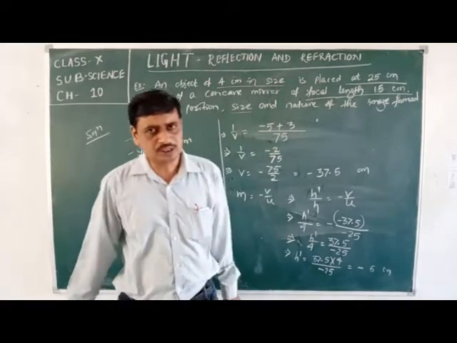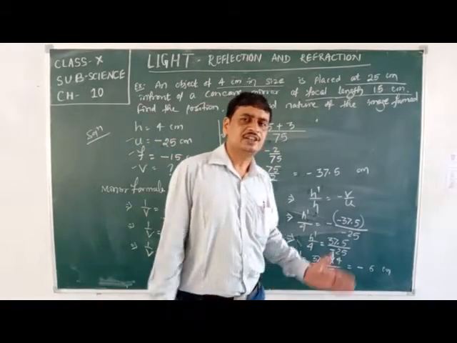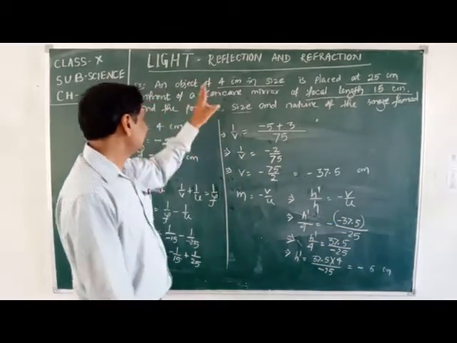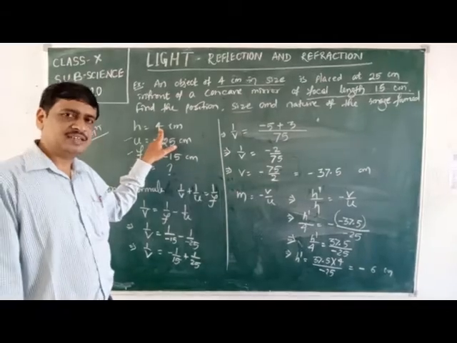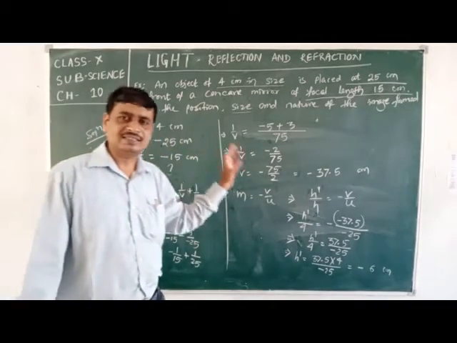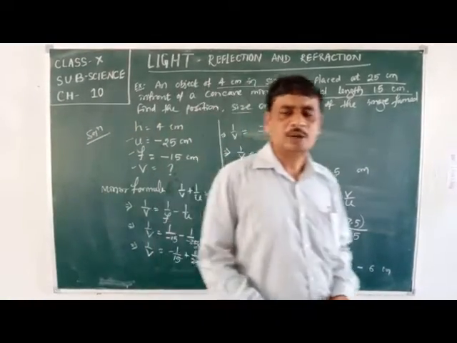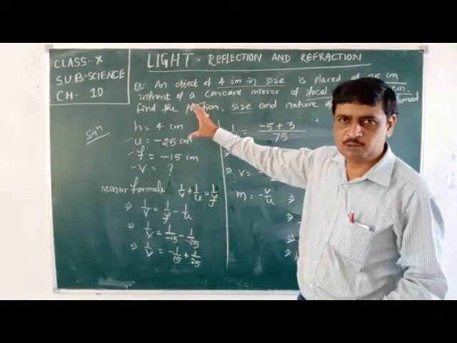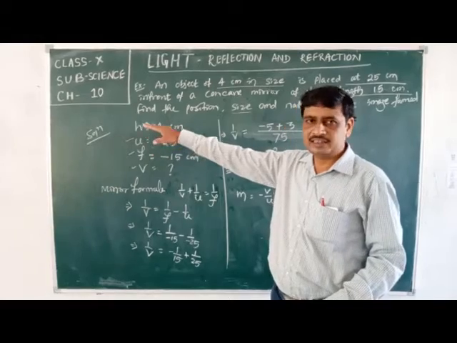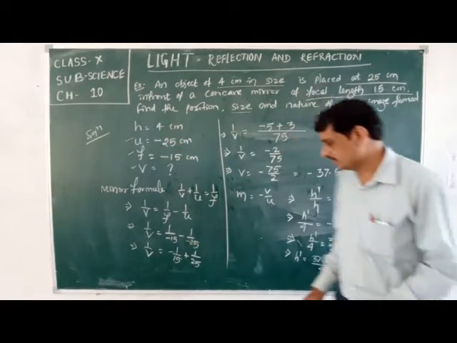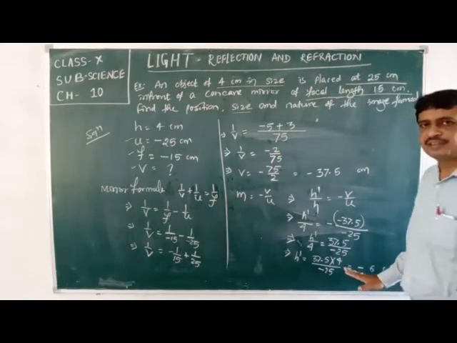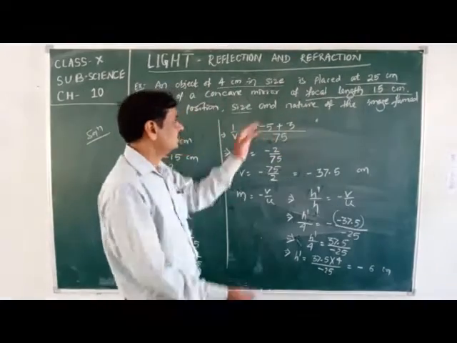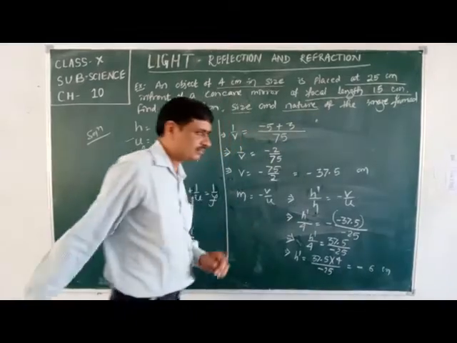If it is below the principal axis, then the length is considered as negative, whereas 4 cm, that is the size of the object, which has a plus sign, means the object is placed above the principal axis. The length is measured above the principal axis. Here the height of the object is positive, but the height of the image is negative. The image is forming below the principal axis.